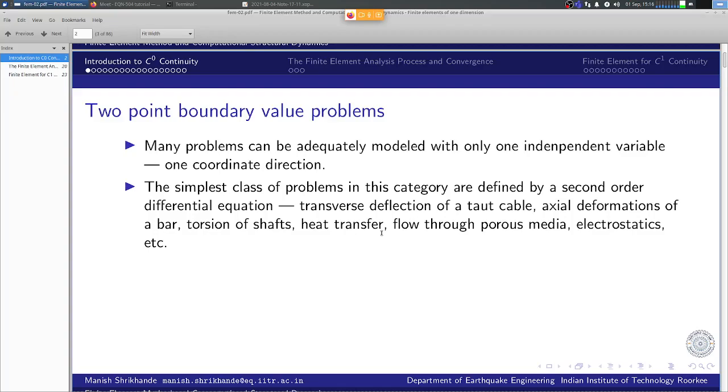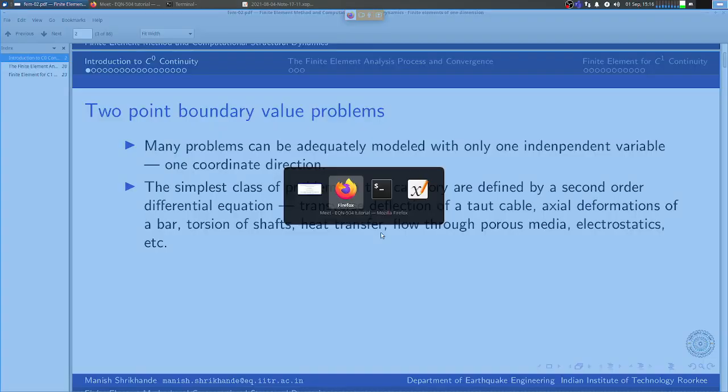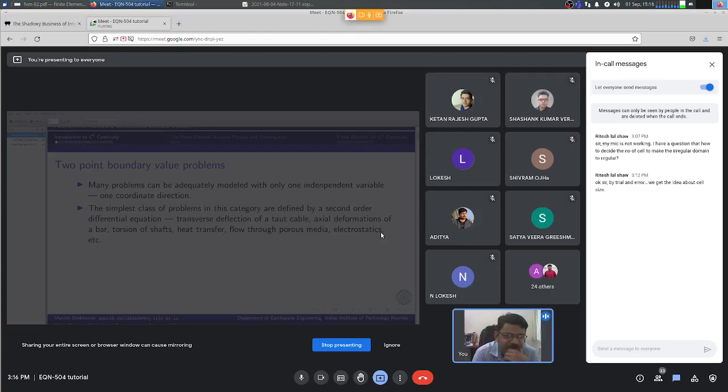We have already seen this, and this second order differential equation describes the transverse deflection of a taut cable under tension, something that all of you probably are familiar with, the cloth line, or if some of you have ever taken part in any NCC or Scouts camping, then the tent that you erect, the rope actually takes the load of the entire tentage.